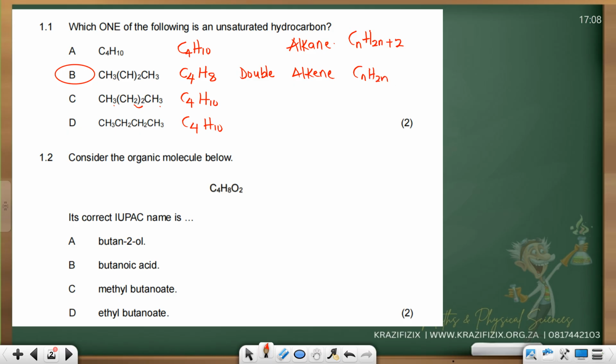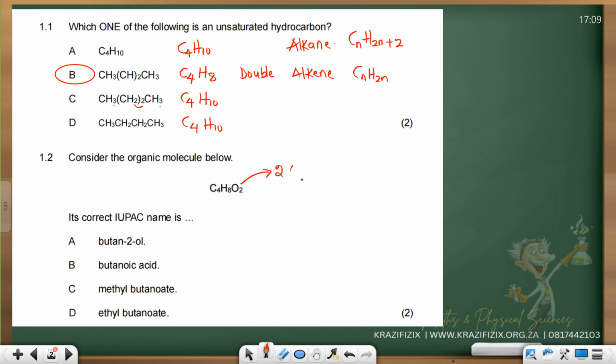Okay, now 1.2. Consider the organic compound below. What is the IUPAC name? Okay, the first thing that catches my eye, this contains 2 oxygen atoms. Look, I want you to be smart.